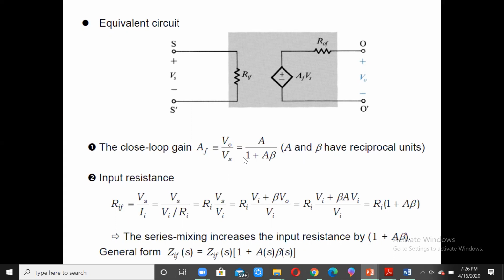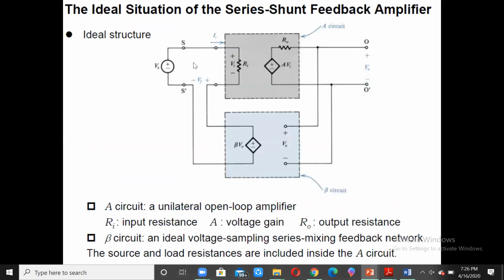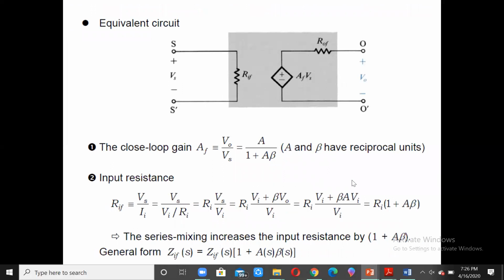That is because we need to substitute. In the earlier figure, you can just see here, we need to write in place of Vs, Vi minus Vf as the voltage, and then we need to simplify. Vf is equal to beta V0. We take the common factors and cancel the V0, and hence we will get the value A divided by 1 plus A beta.